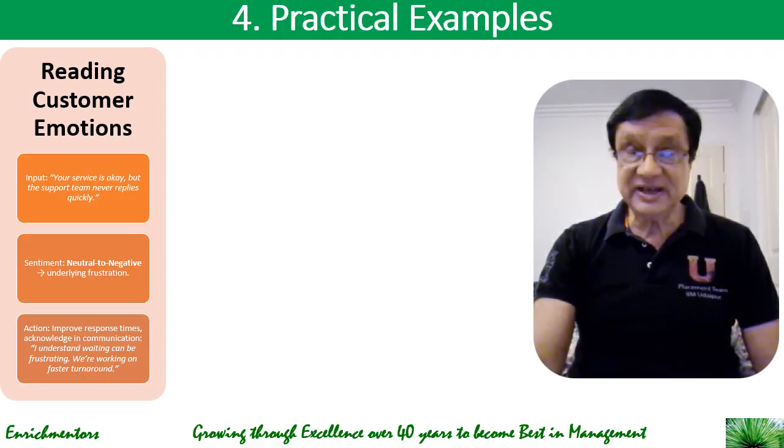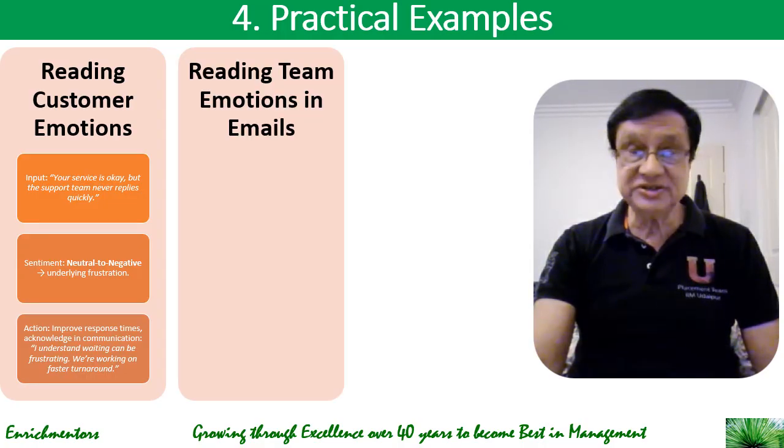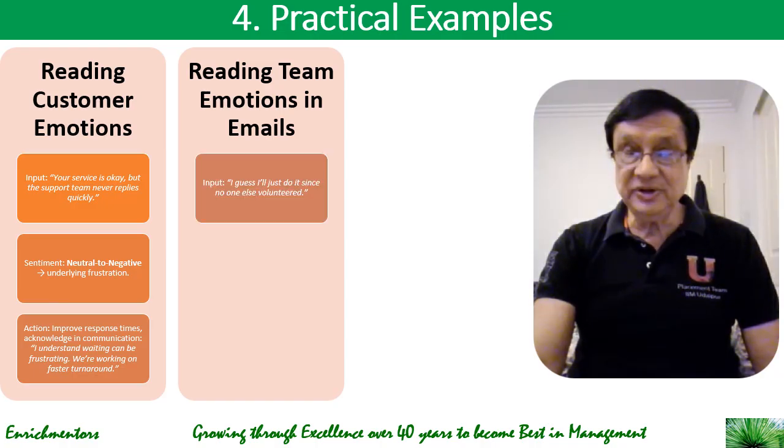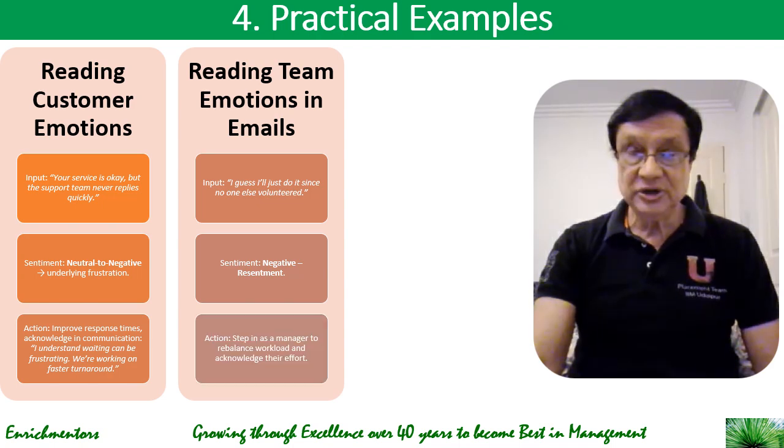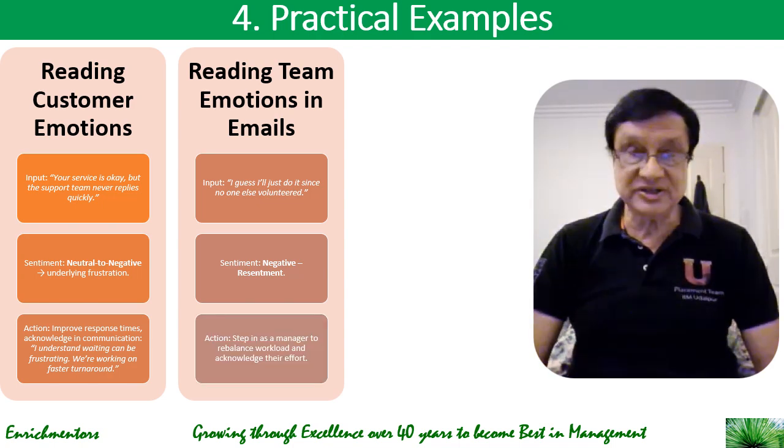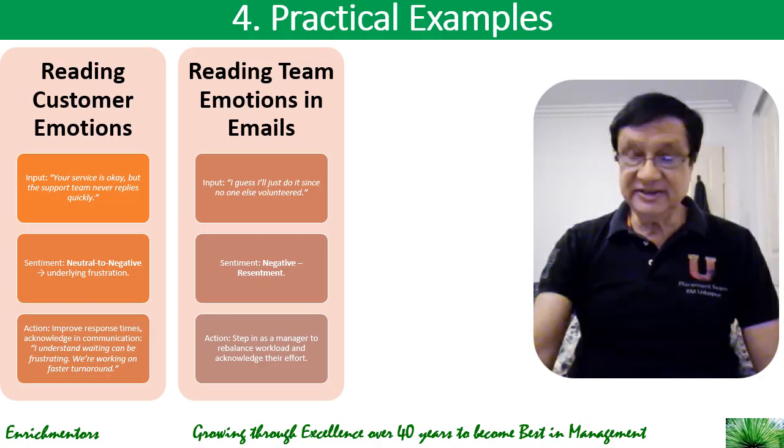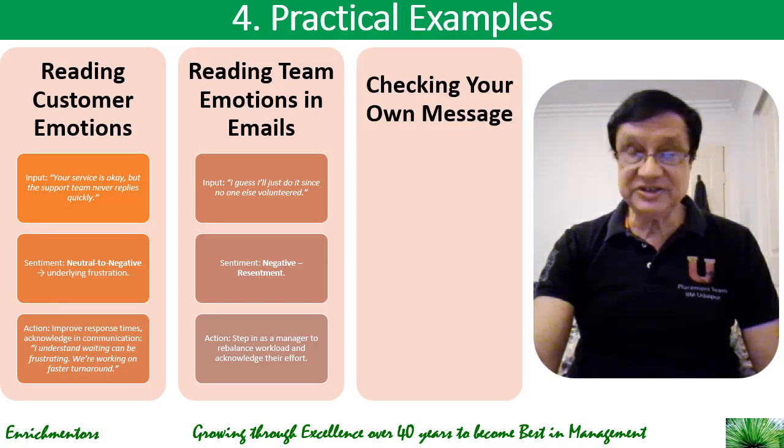Then let's take a look at an example of reading team emotions in emails. Your input could be, I guess I will do it since no one else has volunteered. And the sentiment here could be revealed as negative with resentment, and your action could be to step in as a manager to rebalance workload and acknowledge their effort. The third example is checking your own message.